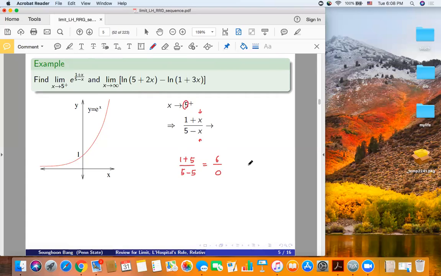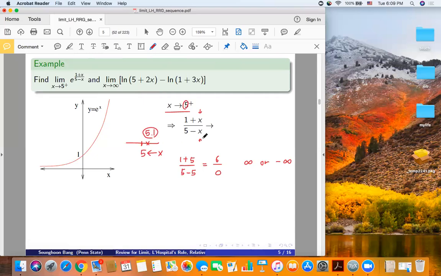This is like a one-sided limit. We have two possible answers, infinity or negative infinity. So which one? We can use a one-sided limit here. The x value approaches 5 from the right. I want to choose test number 5.1. The 5.1 is very close to 5 and greater than 5.